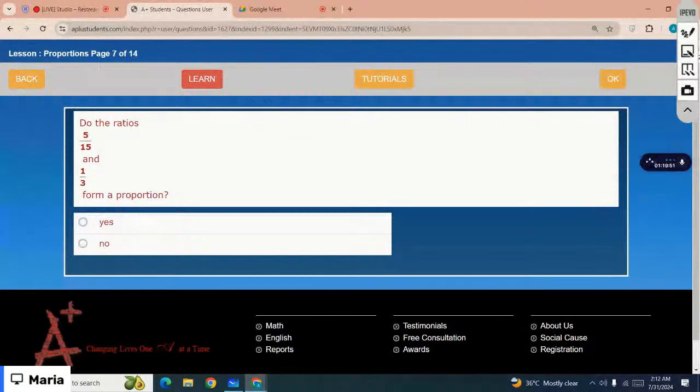Do the ratios 5 by 15 and 1 by 3 form a proportion? Yes, they form a proportion.